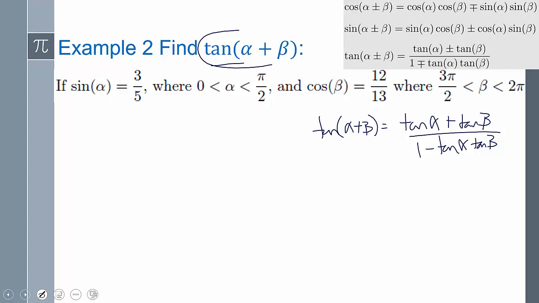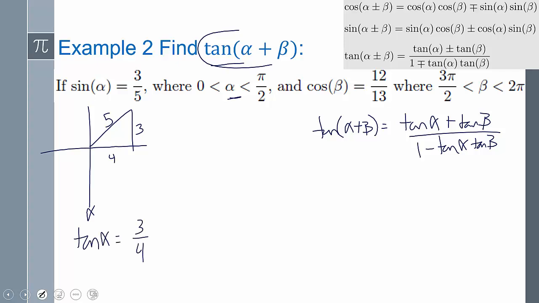So here's my triangle for my alpha. That's going to be in quadrant 1. Sine is opposite over hypotenuse. Using SOHCAHTOA, I know that this is going to be 4. So tangent is opposite over adjacent.